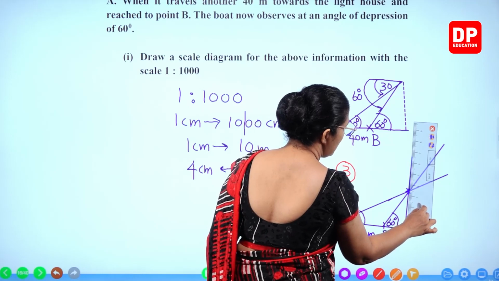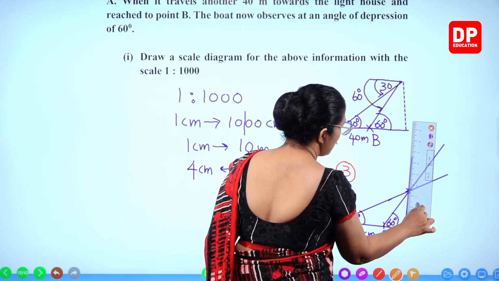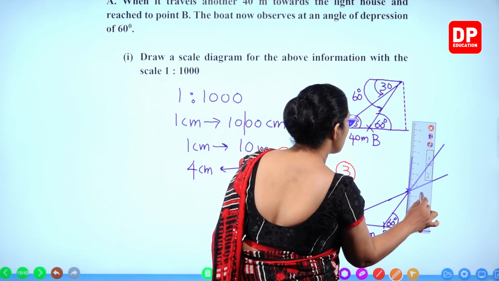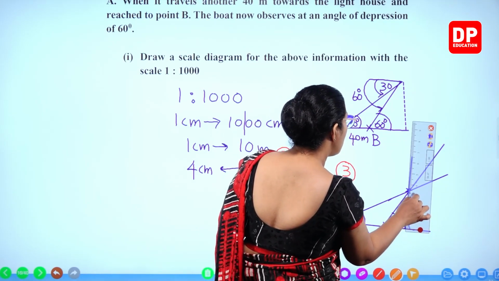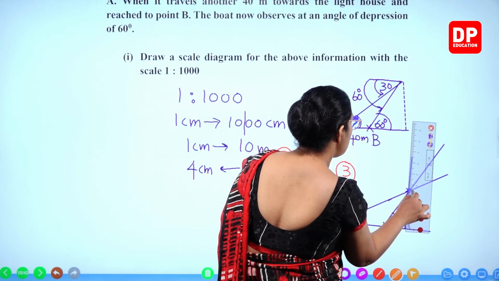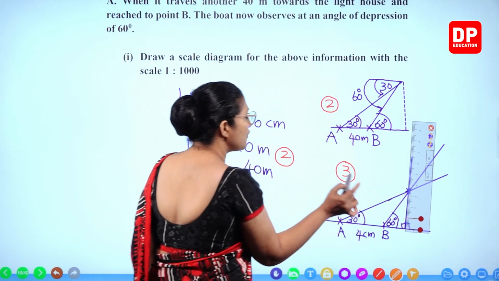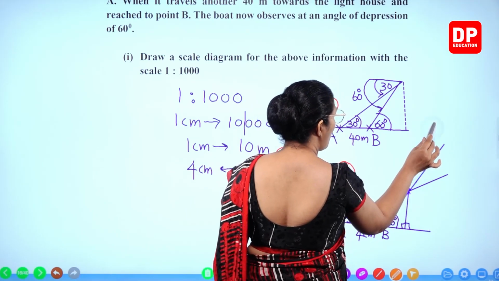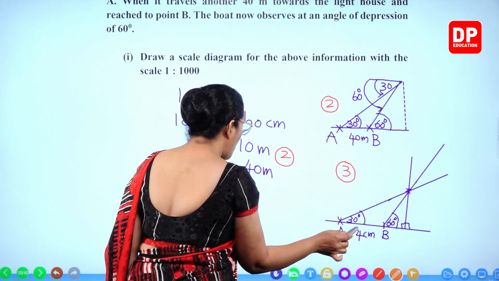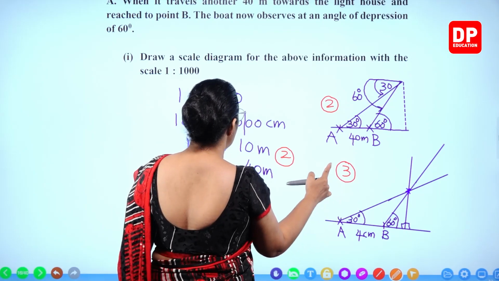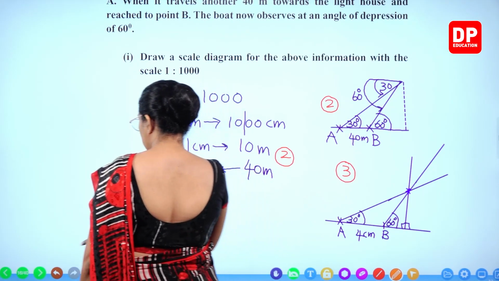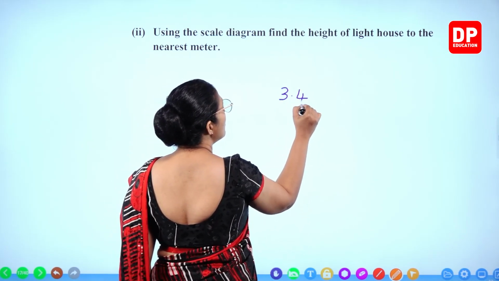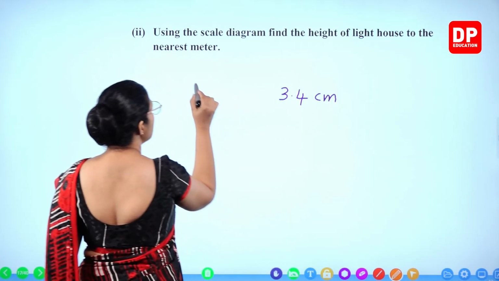You can measure the height. So roughly how much? 3.3 or 3.4. So let's take 3.4 centimeters. So here 3.4 centimeters is the height.